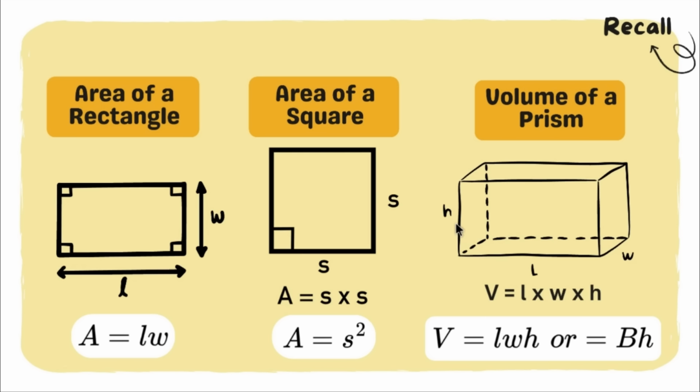So the formula in getting the volume is length times width times height. Or, in short, we can have the base, whatever the base is, times the height. So this is the space inside this polygon, and this is now the space inside this three-dimensional space. So, kailangan po natin tong mga ito para po makapag-proceed tayo sa ating lesson.